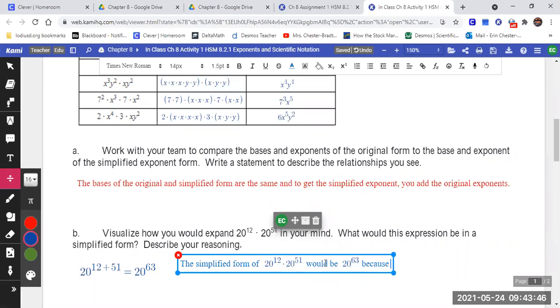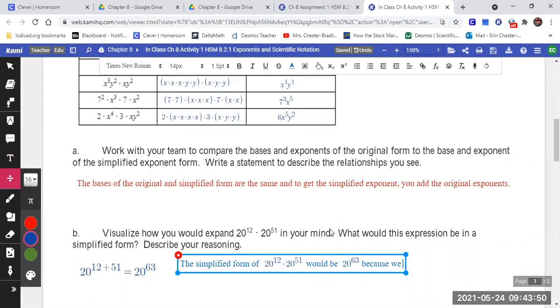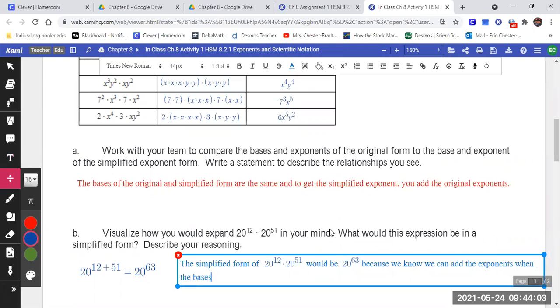Because we know we can add the exponents when the bases are the same and we are multiplying.